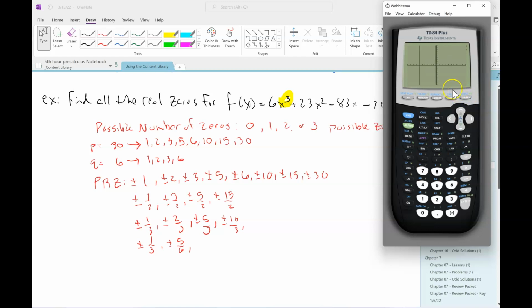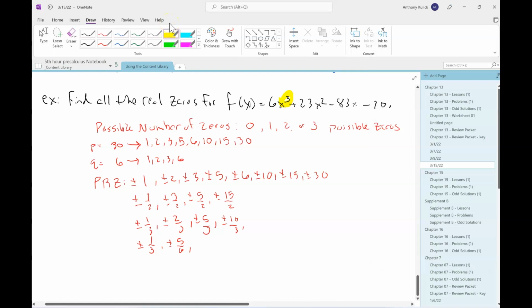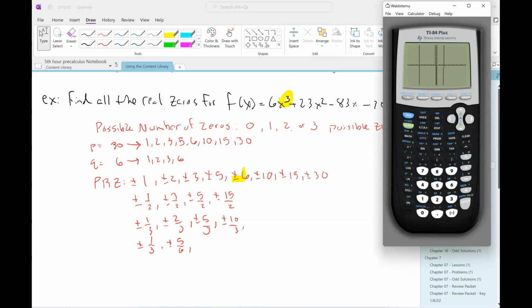Again, I'm looking for x-intercepts. So let's see, this is -1, 2, 3, 4, 5. Looks like -6 is 1. And then I got 1 over here. It looks like maybe -1/2 or -1/3 or -2/3.